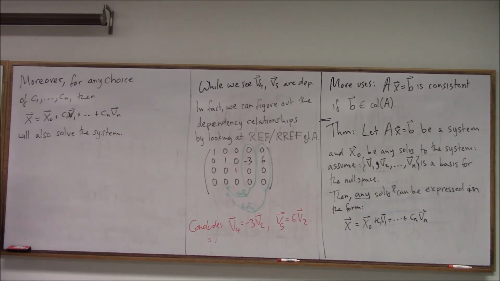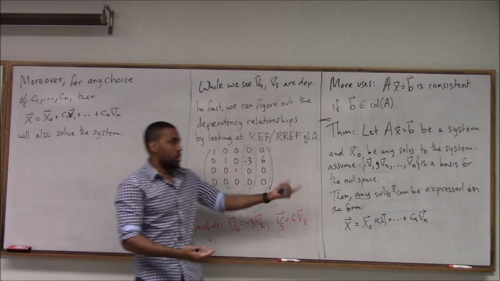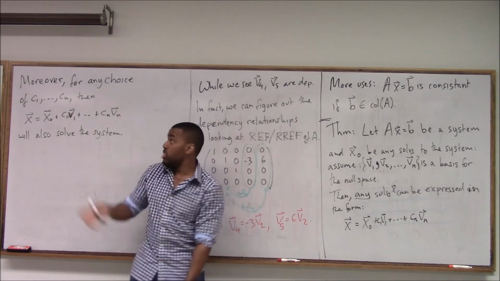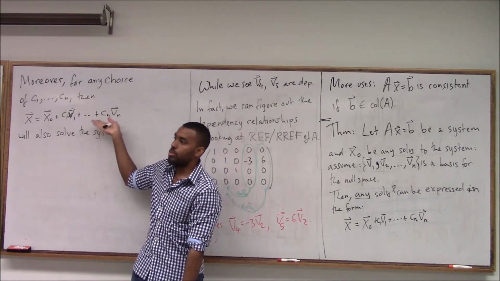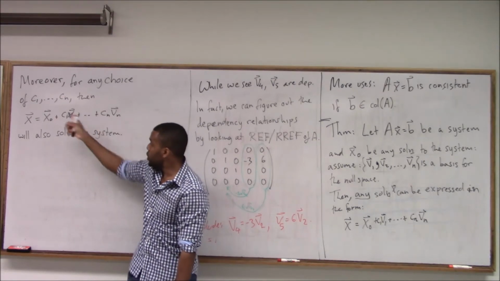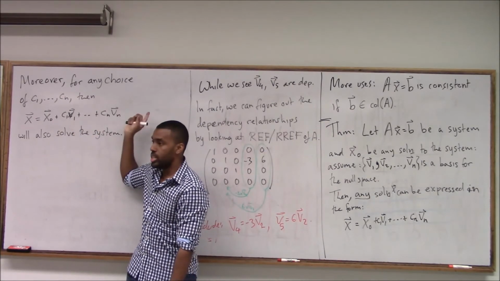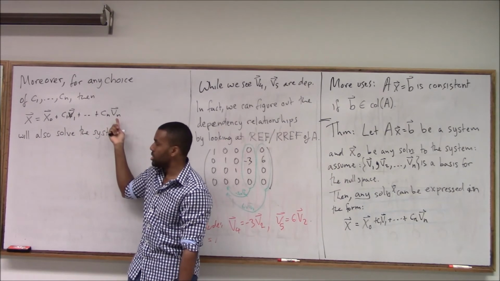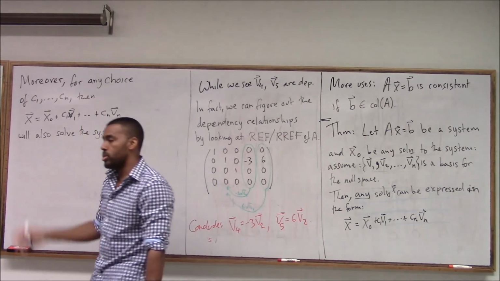So the idea is, if you know something is a solution, you can write it in this form. Furthermore, you can use this form as a template for all solutions. Literally, if you choose any random scalars here, where the v1 through vn is a basis for the null space, you'll automatically form a solution by doing that.